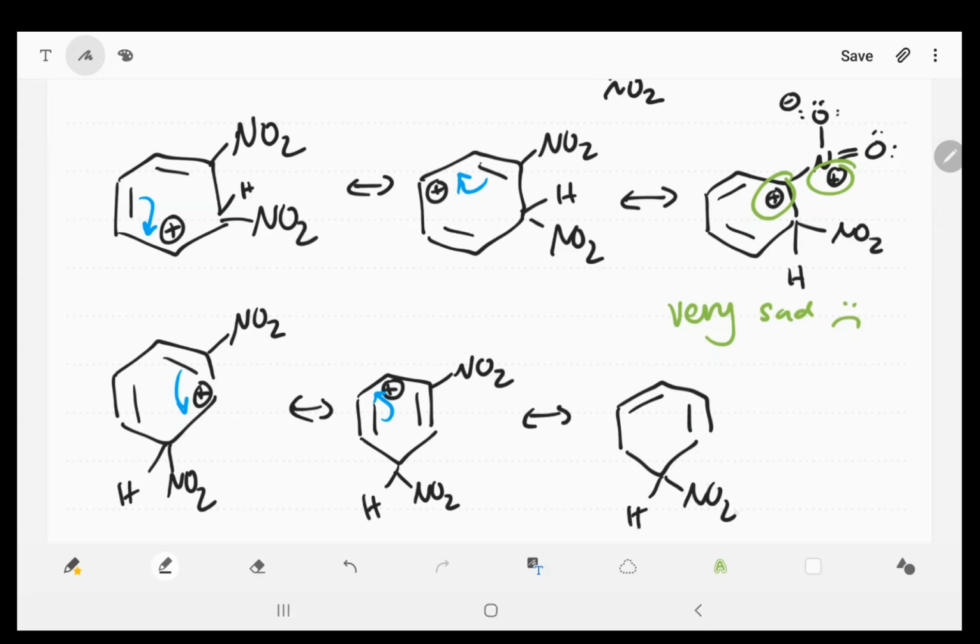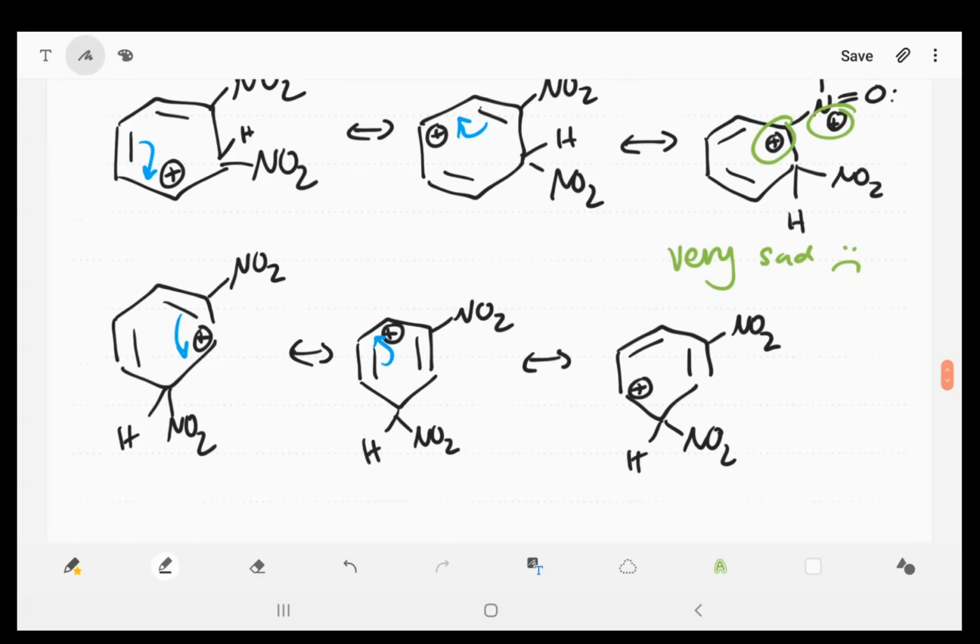We're not going to end up with that positive charge next to any of our nitro groups. Remember that nitro group has a positively charged nitrogen, so none of these have that sad resonance that I mentioned. So all of these have carbocations there that are all secondary allylic. We have no conflicting charges here. So we're going to end up seeing that the meta position is ideal when we have an electron withdrawing group like this on.